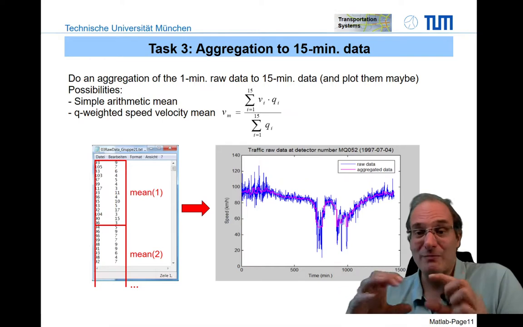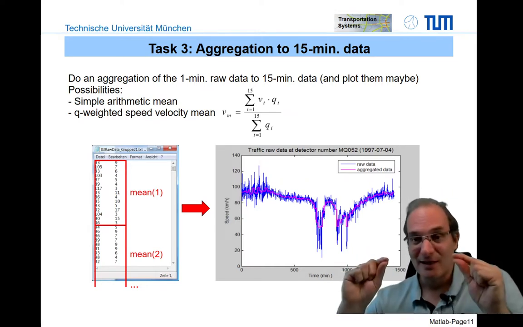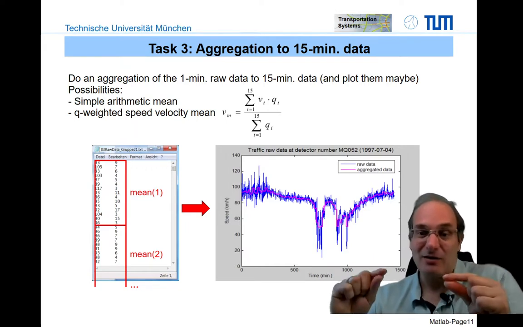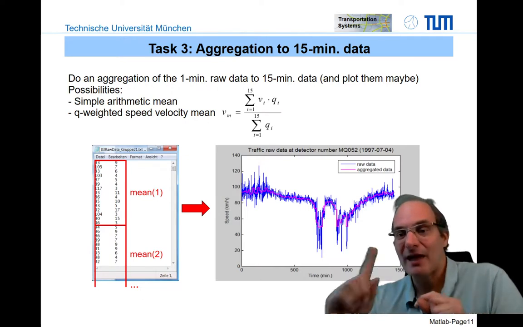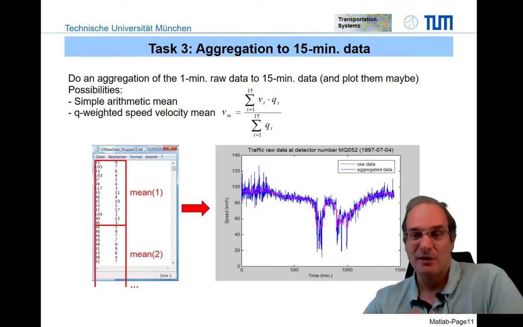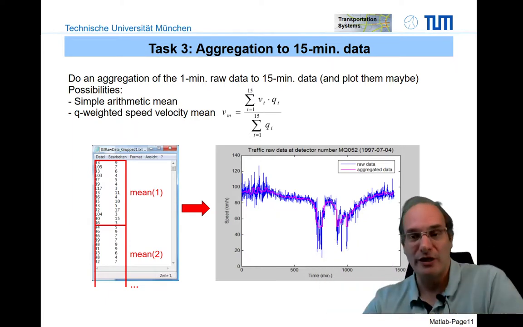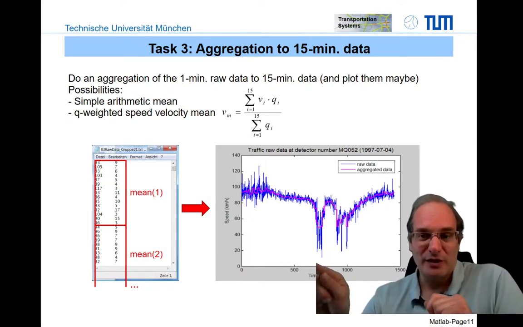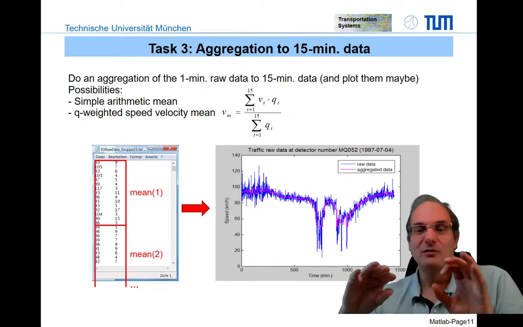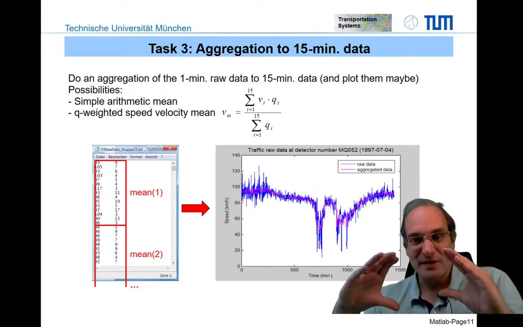So if you program this as your own function, for example, Q mean, you can use the same style of call with the old classic arithmetic mean and with the new Q-weighted mean. So you extend the functionality of Matlab with your own stuff. And this is what we want to learn here. So writing own functions, because later on for the software suite doing all of these calculations, we will need this again. So we will first start with the simple things.